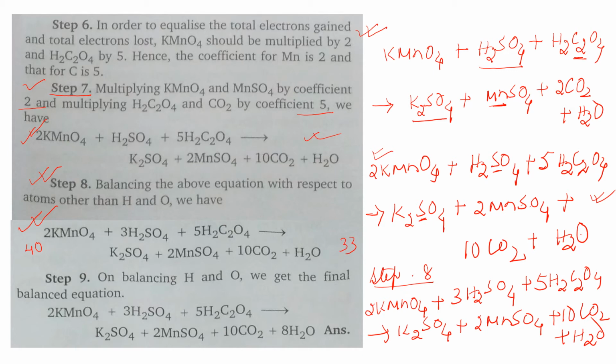So I have to add 7 H2O on the side which is deficient. So I have to add in the right hand side 7 H2O. Because 7 oxygen less, I have to add 7 H2O in the right hand side. So I have added 7 H2O.